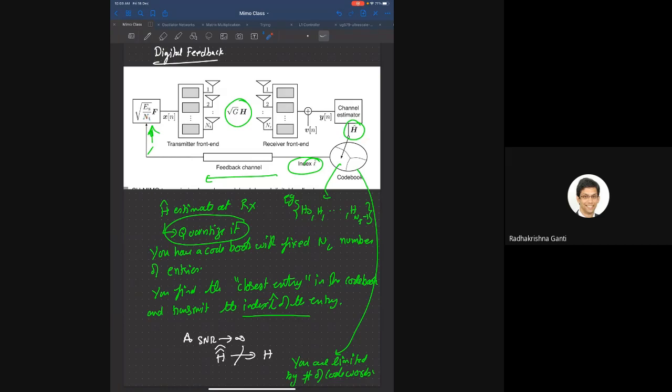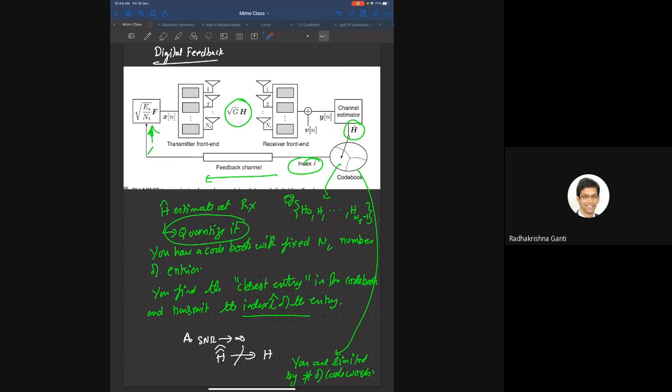Based on your estimate, you pick one element of the code book, and the index of that is transmitted to the base station. The base station also has this code book, so it can reconstruct what has been sent, and it uses that as an approximation for the actual channel. Is that fine? So this was the digital feedback setup.